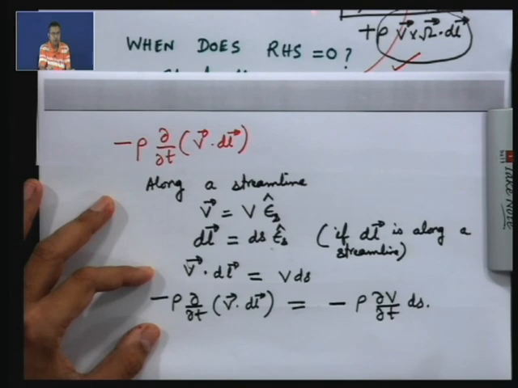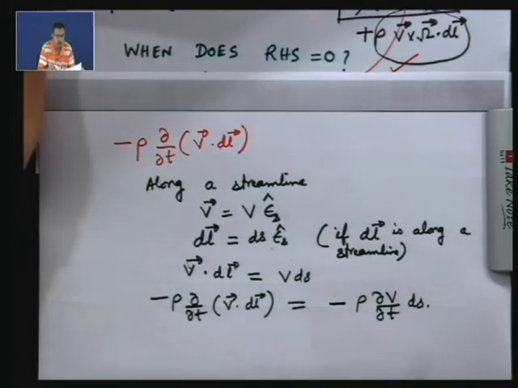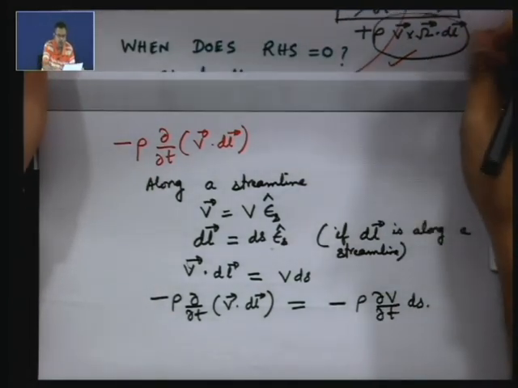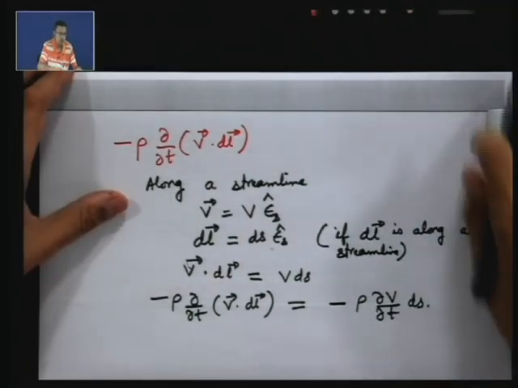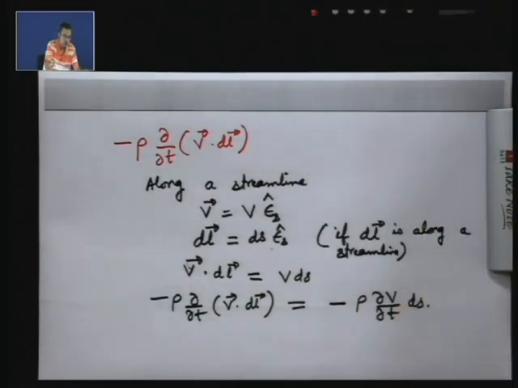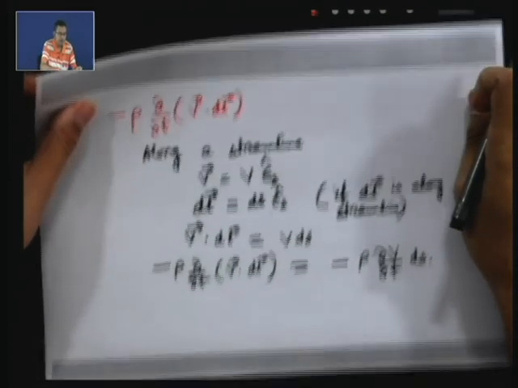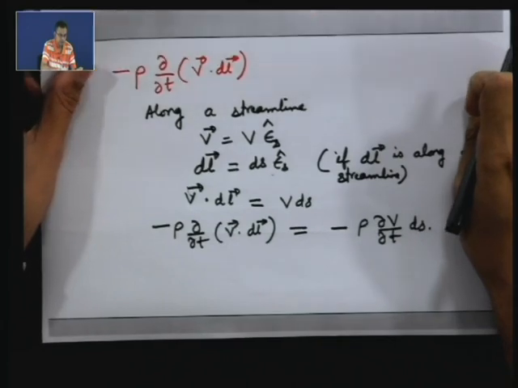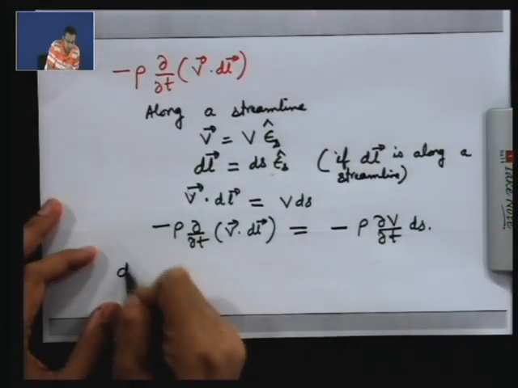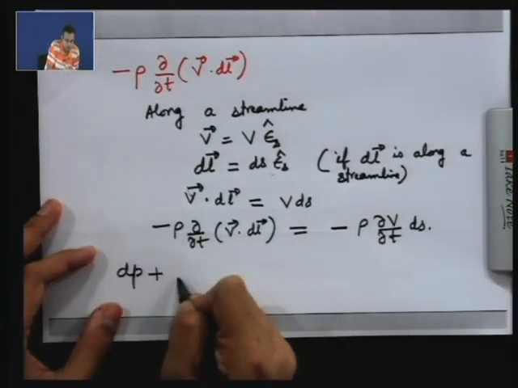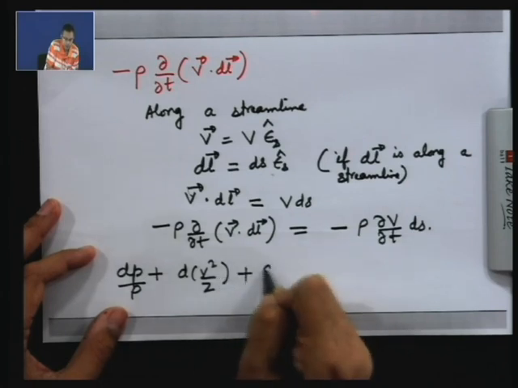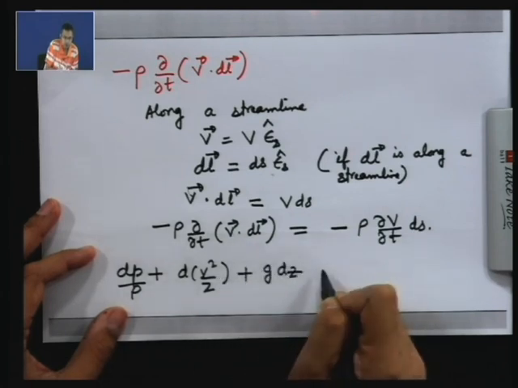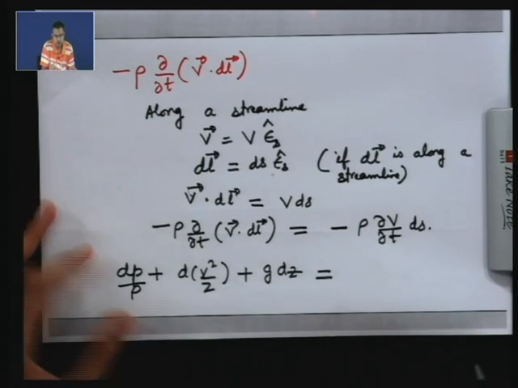So, this term which was considered to be 0 in the right hand side, for unsteady flow this will no more be 0 in the right hand side. So, we had the term dp by rho plus d of v square by 2 plus g dz, which was considered to be 0.